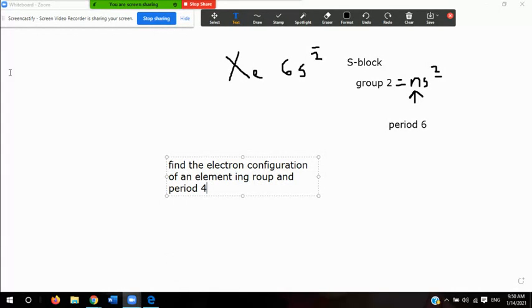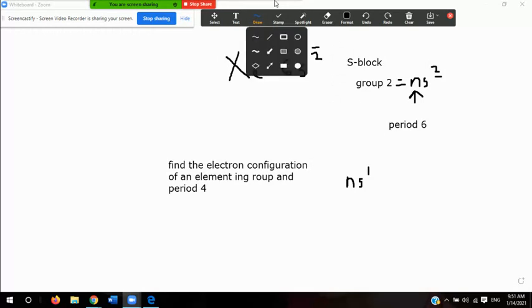If you review what we discussed in the videos, we know that elements in group 1 have a configuration of ns1, where the s indicates the block, which in this case is the S block, and the 1 just indicates the group, which in this case is group 1.